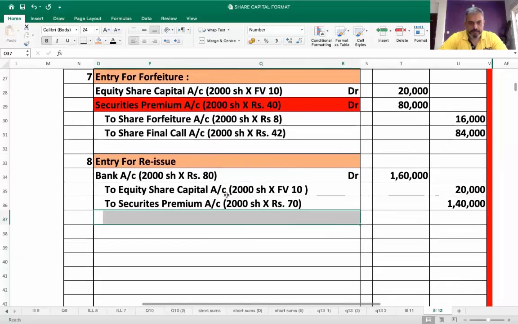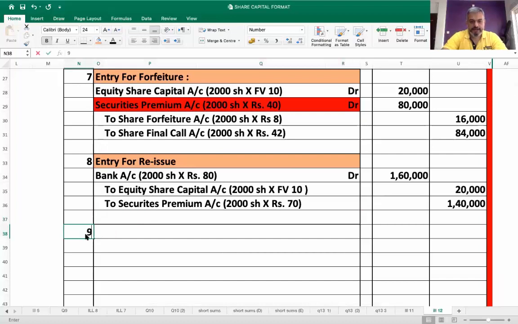Now capital reserve, ninth entry, share forfeiture account debit to capital reserve.